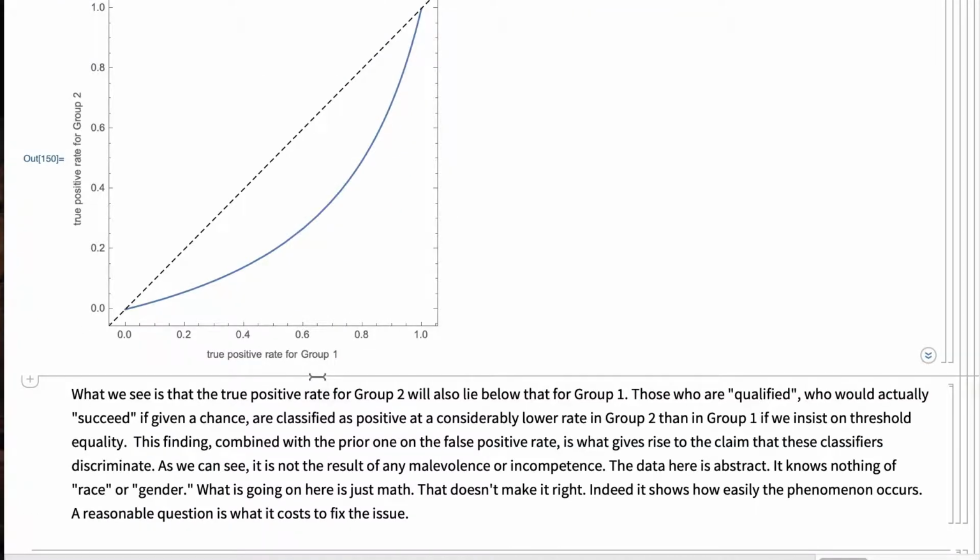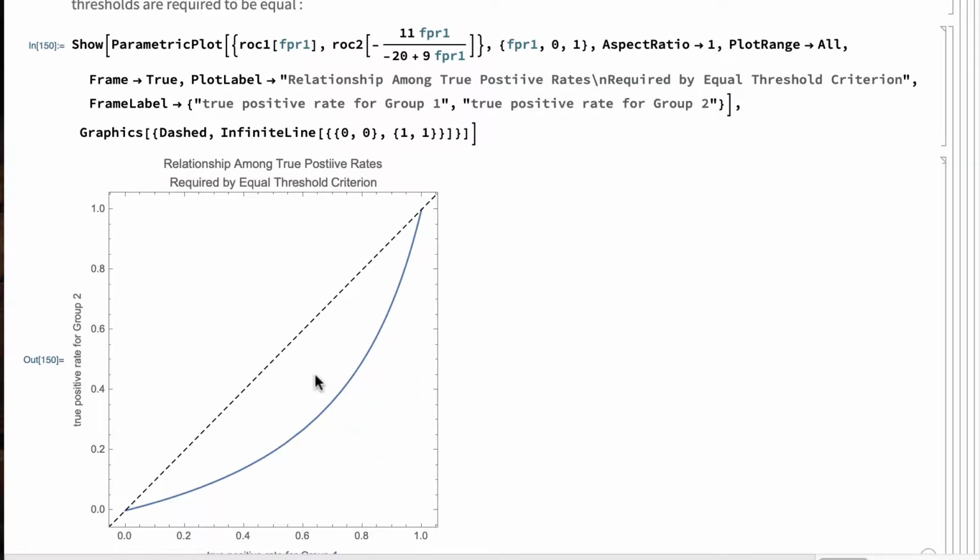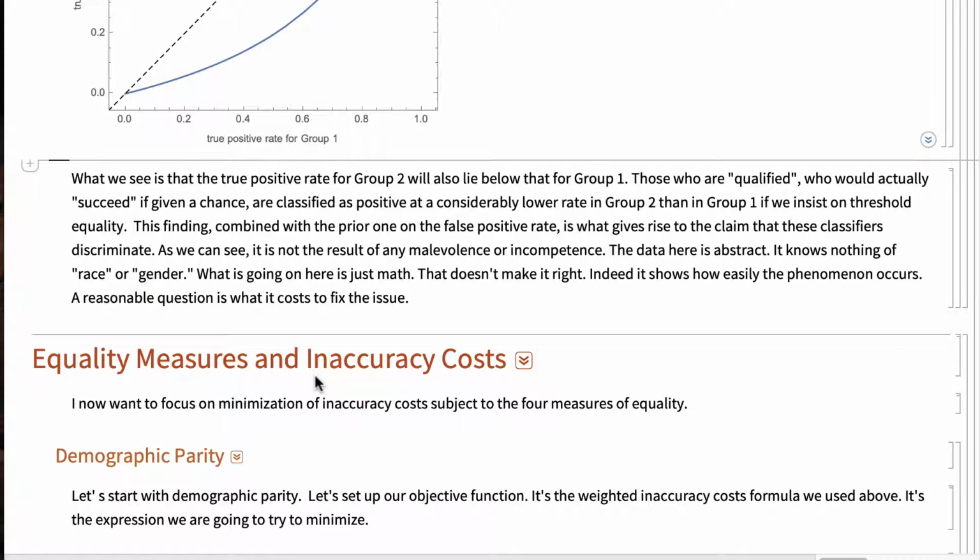And many people might think that's unfair, because this is all constructed with the incidence of positivity in both classes being the same. And yet, without any malevolence here, it's mostly the result of the ROC curve for group 2 being lower than it is for group 1, and the members of group 1 are being treated much better by the classifier.